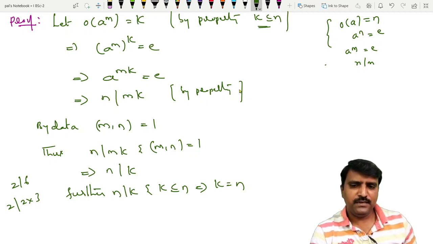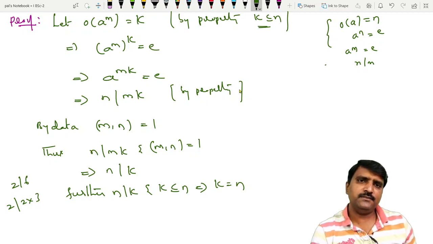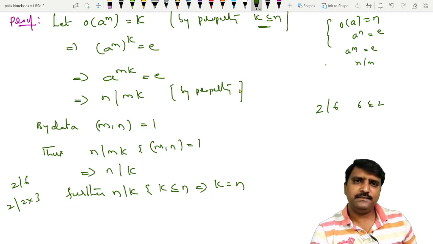k is a number divisible by n, and k is less than or equal to n. It is possible only when k is equal to n. Look, suppose 6 is divisible by 2. Okay, so 6 is greater than 2. Is it possible? Definitely it is not possible.